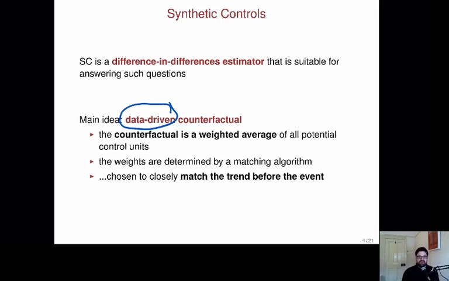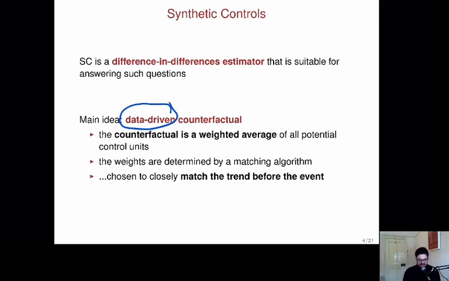Okay, so if you think, for example, about a policy change that happens in Ireland, and you let an algorithm choose counterfactuals for what would have happened in Ireland had it not been for that policy change, the algorithm would not necessarily choose countries that are similar to Ireland, but may choose countries in very different parts of the world that are very, very different in many ways.